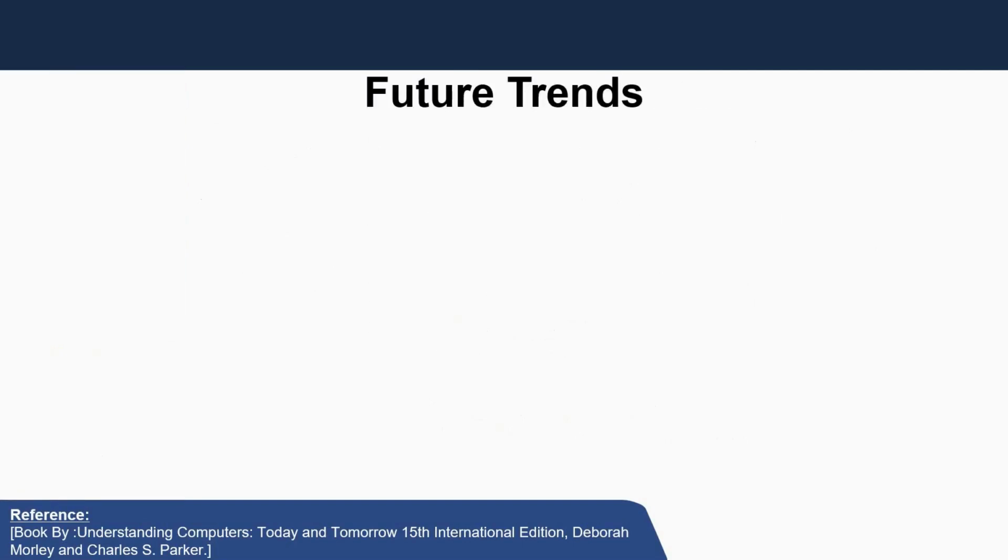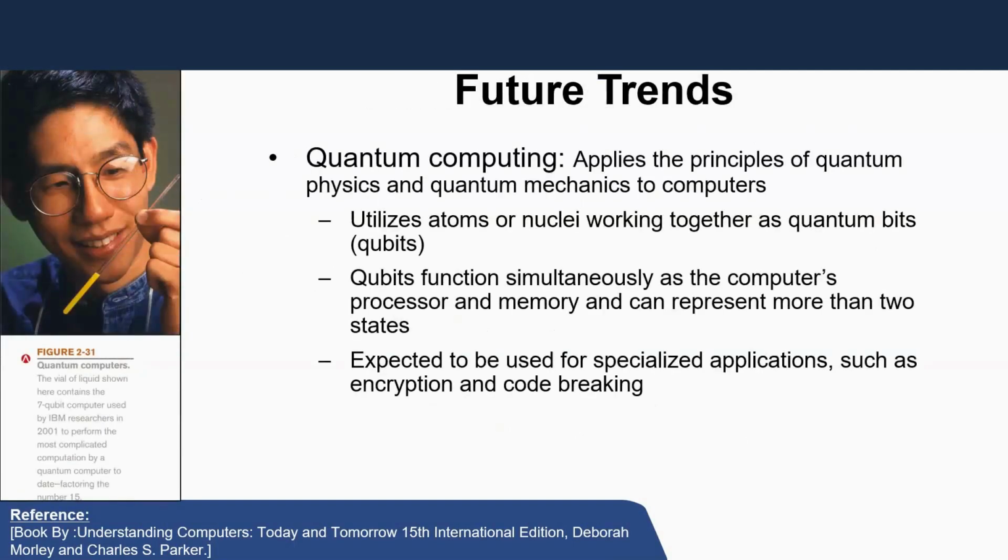Now quantum computing. We have already discussed what quantum computing is in the previous lecture. It is based on quantum mechanics, or quantum physics, a different field which depends on different types of energy levels. The advantage of using these energy levels is that we can represent more than two states.